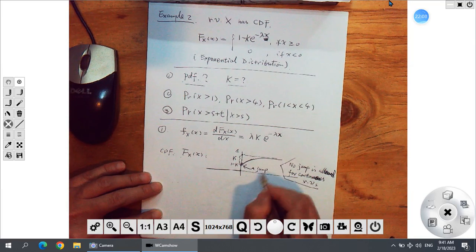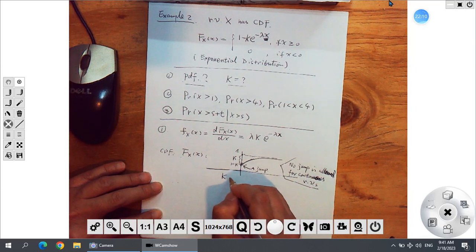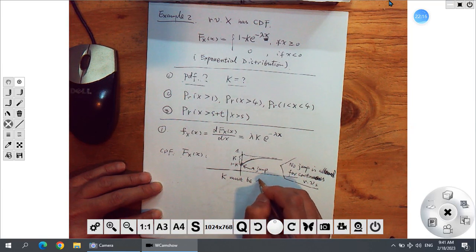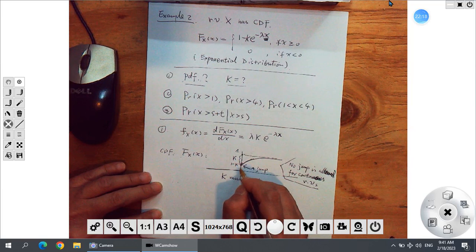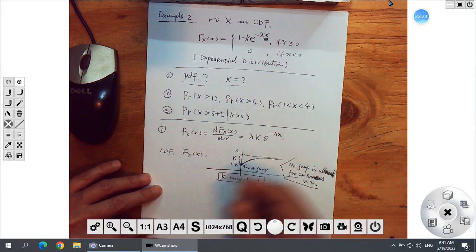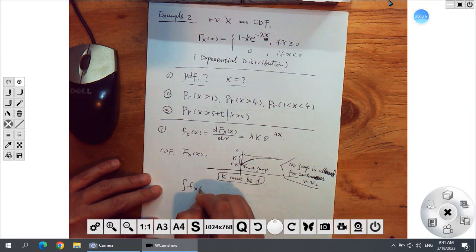So k must be 1. Now when k is 1, there is no jump, right? This point is 0 when k is 1. K must be 1. You can also calculate the integration of f_X(x) dx.